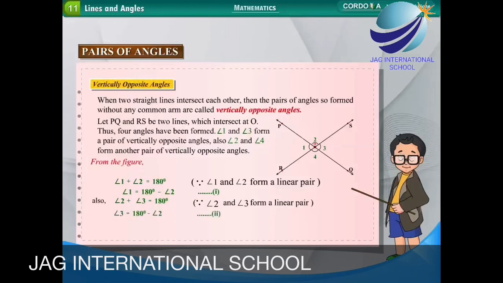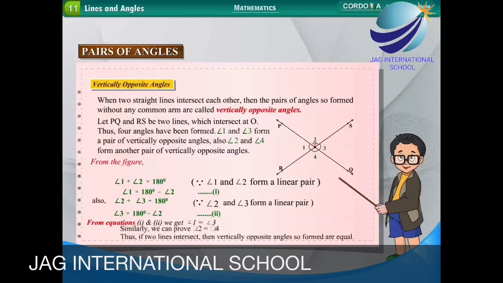Angle 3 is equal to 180 degree minus angle 2. Equation 2. From equations 1 and 2, we get angle 1 is equal to angle 3. Similarly, we can prove angle 2 is equal to angle 4. Thus, if two lines intersect, then vertically opposite angles so formed are equal.